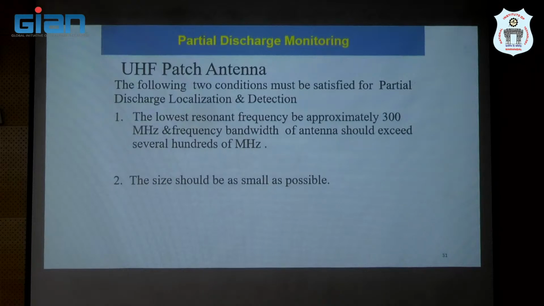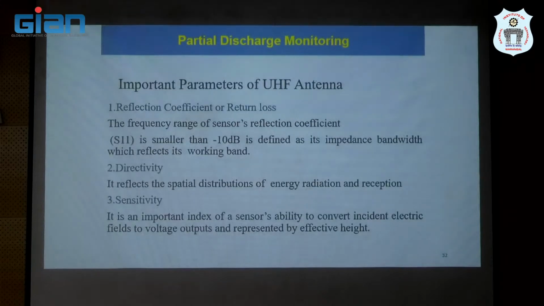In that way also they are able to detect. They use different parameters for better picking up of the signals, and you should have these parameters to meet.